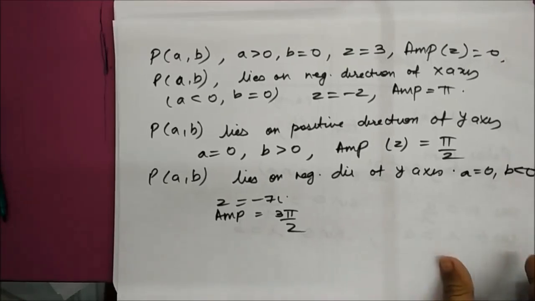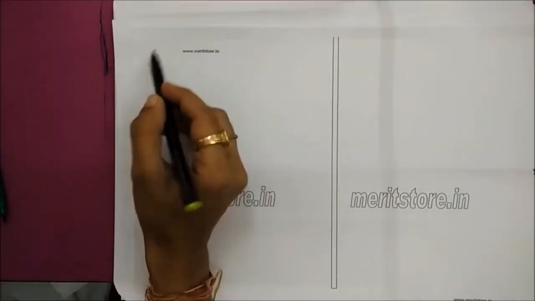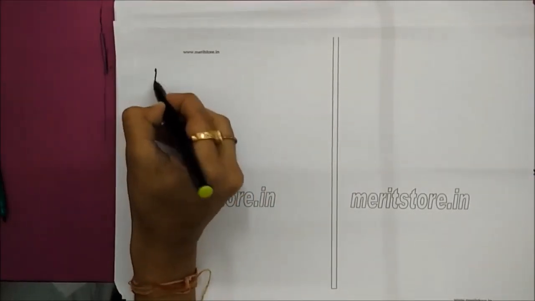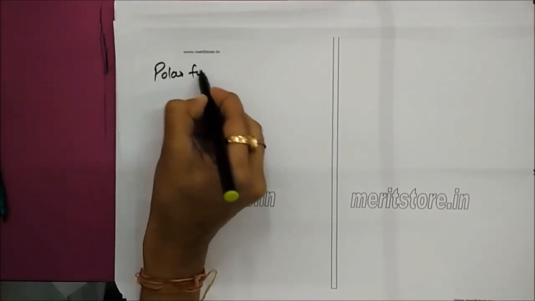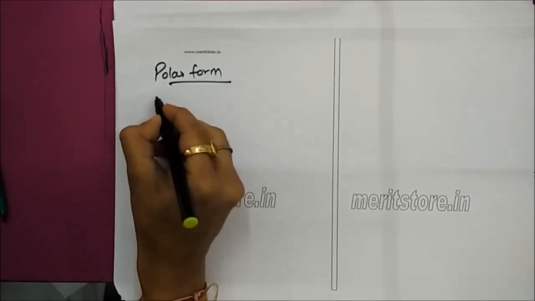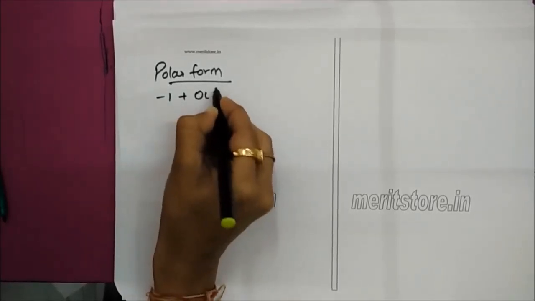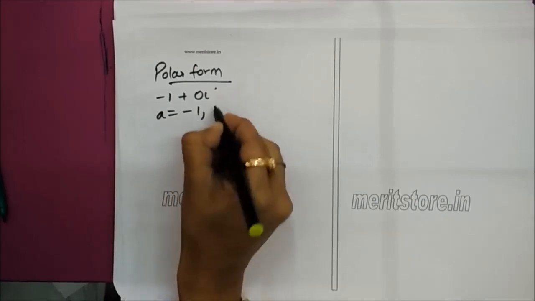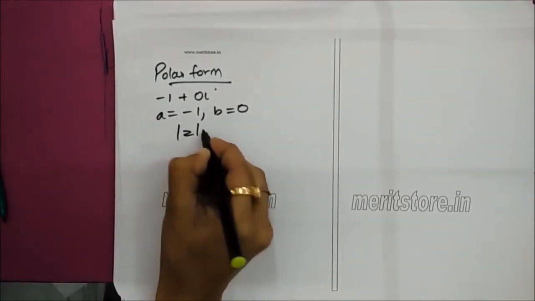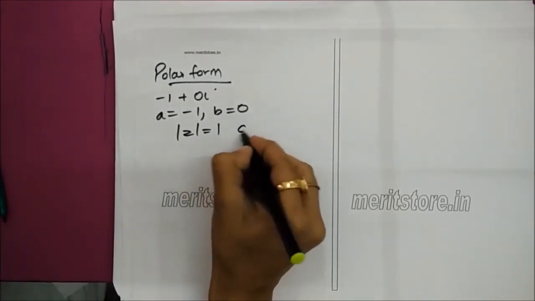Let's discuss some examples for your polar form. Write the polar form for minus 1 plus 0i. So a is minus 1, b is 0. We will put in your formula: r is equal to 1.